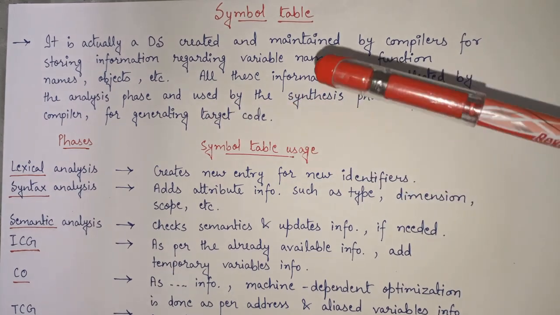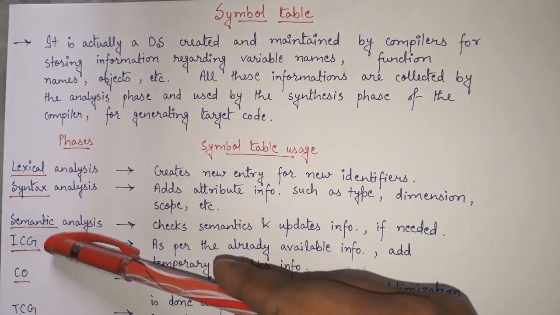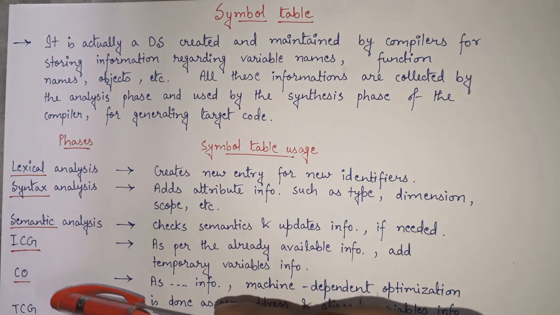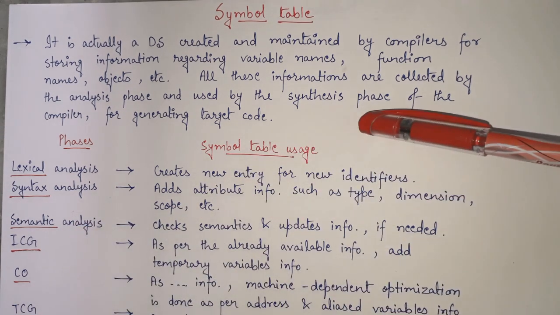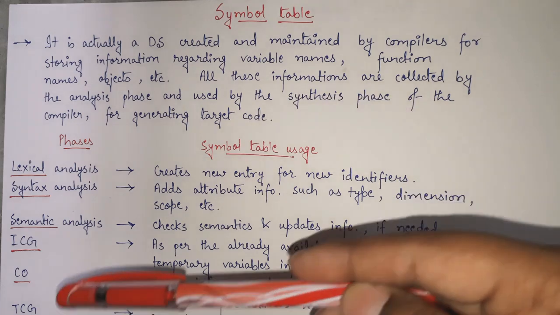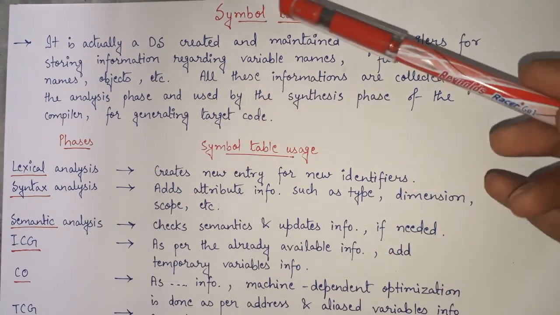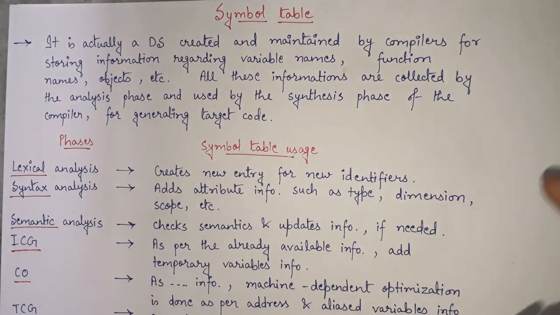What are the synthesis phases? The remaining 3 phases, that is intermediate code generation, code optimization and target code generation. These 3 phases are the synthesis phases of the compiler. These phases use the information that is stored in the symbol table. You got the difference?